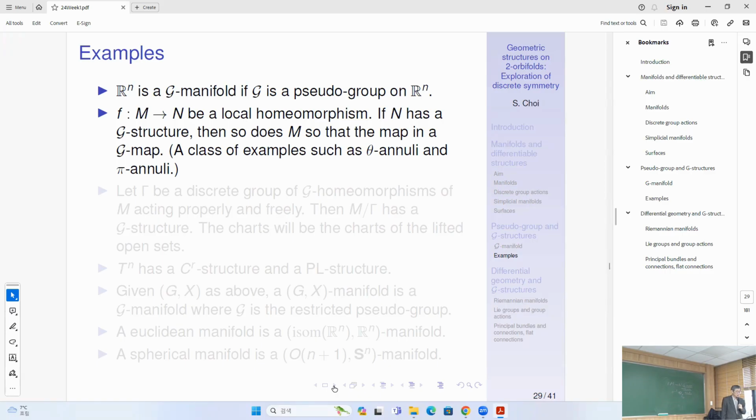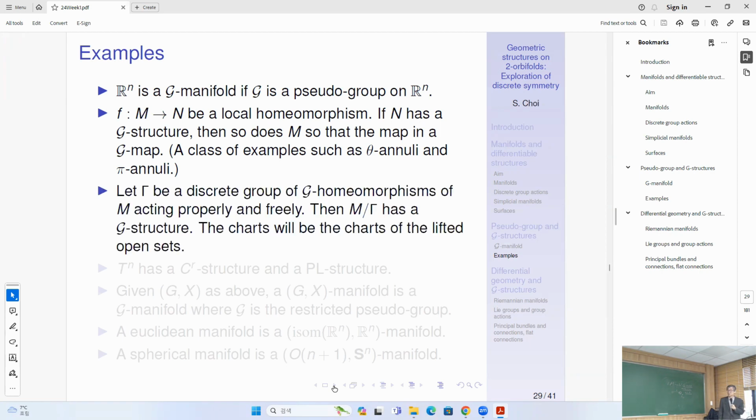A class of examples is theta annuli, pi annuli. I will explain later what that means. A good way to get a G structure is to let gamma be a discrete group of G homeomorphisms of M acting properly and freely.